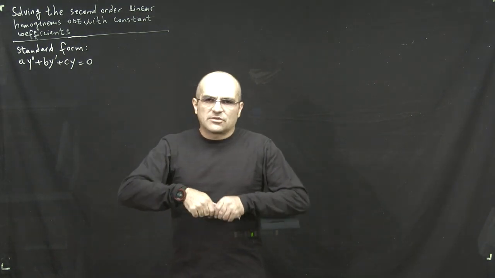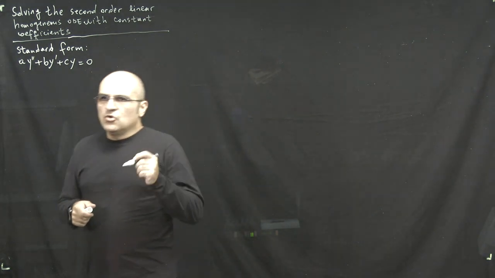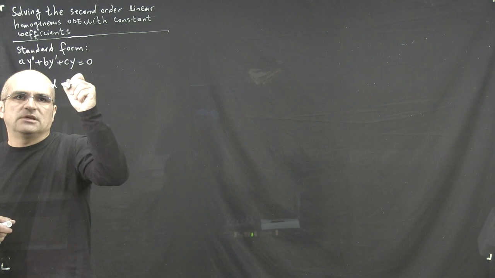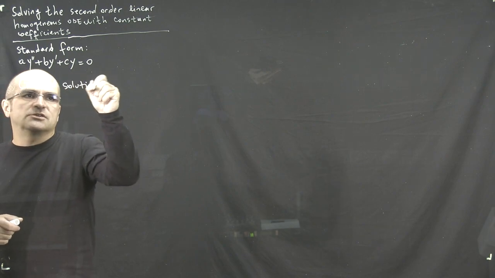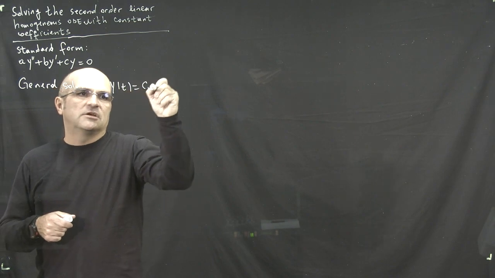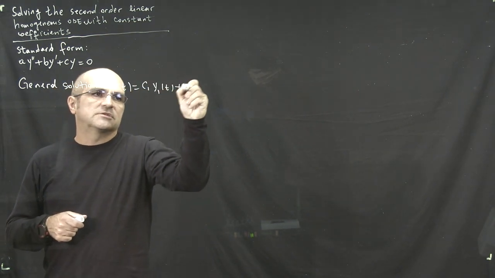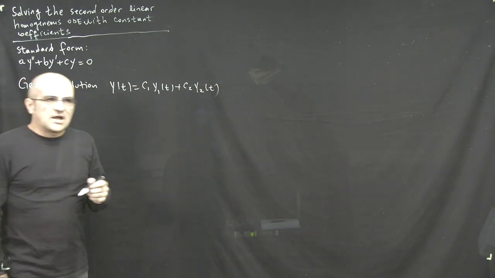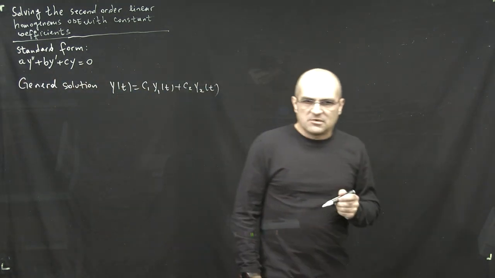So from that major theorem we discussed earlier, we know for a fact that the general solution of this ODE will certainly look like this, a linear combination of two independent solutions. So that's one of the consequences of that major theorem we talked about before.